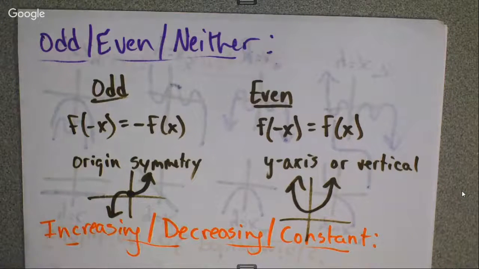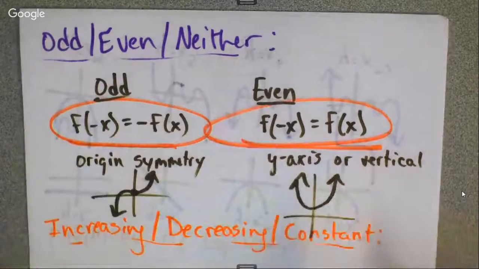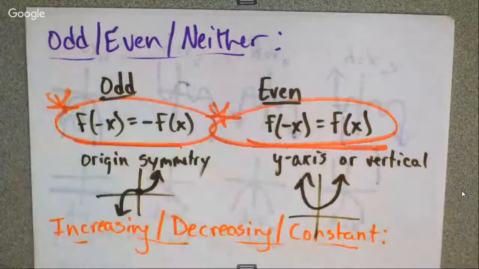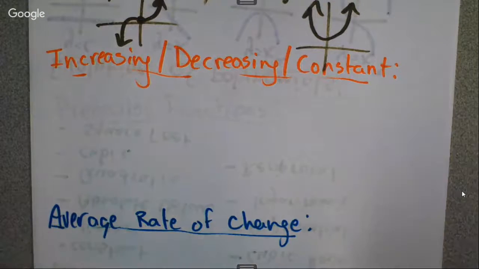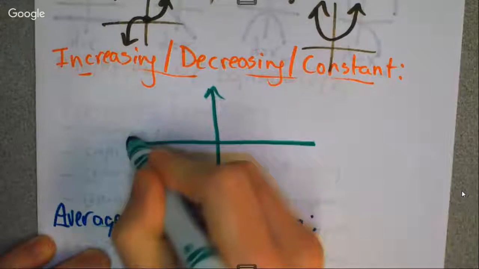Again, you will want to know these. Okay, those are really important. Okay, I would write those with a big star, square, highlight them, do whatever. Okay, increasing, decreasing, and constant, super easy. Okay, you're just looking at a graph to determine this.